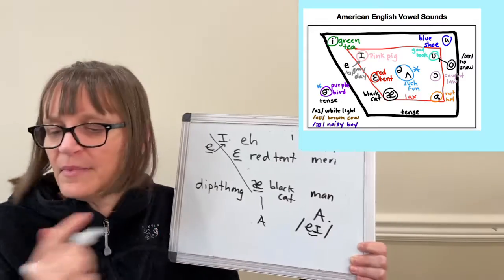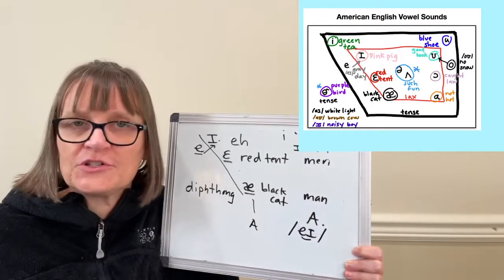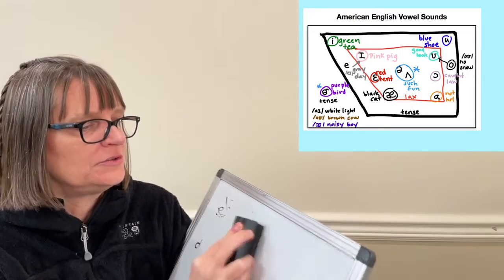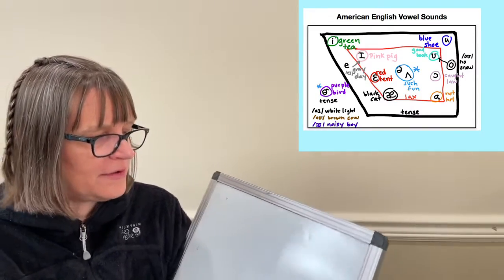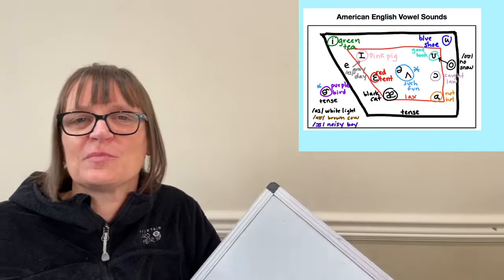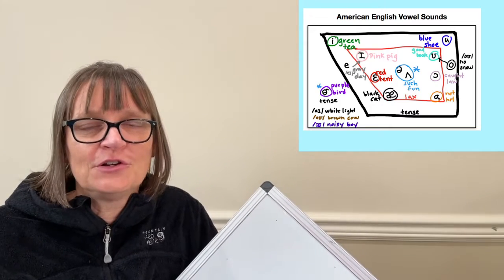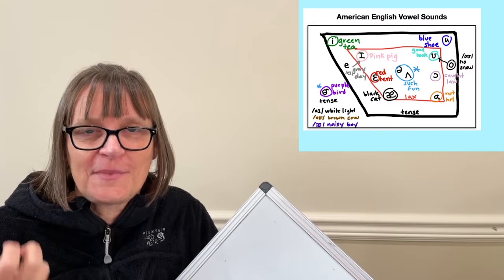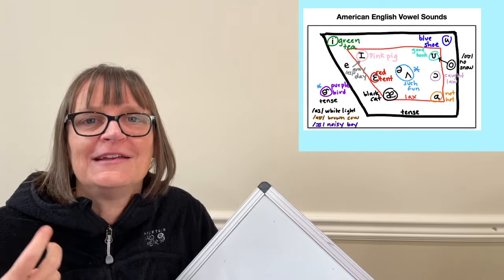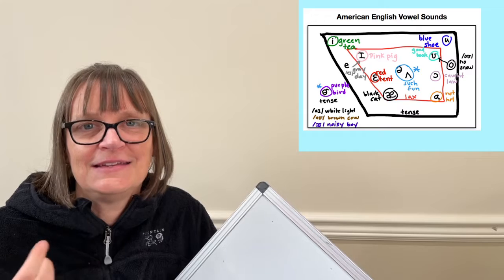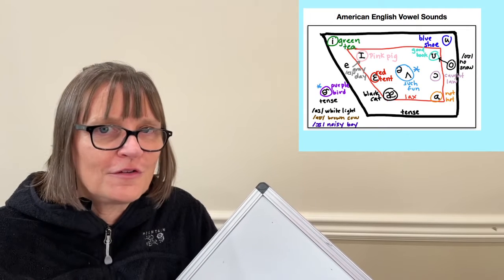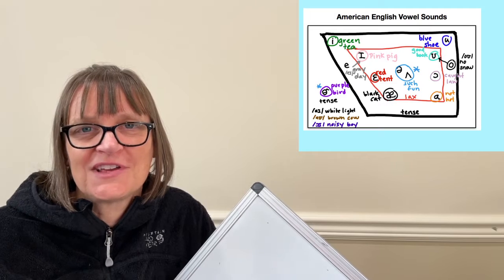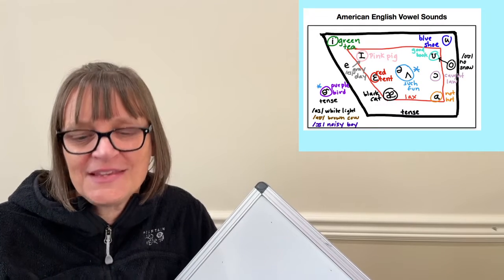If you're trying to master the IPA, you may want to identify a few vowels that are problematic for you in terms of pronunciation and learn those. You might also find it helpful, like I did, to have some anchor words so that you can remember that E is green tea and I is pink pig. Or you can choose your own anchor words. I often like to choose words that represent the way we commonly spell these sounds.